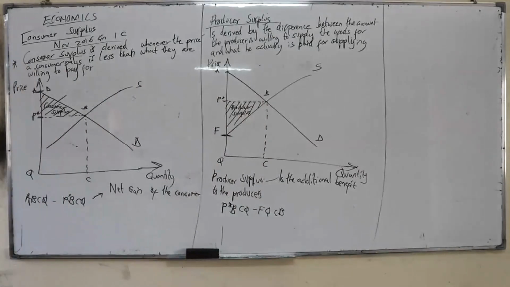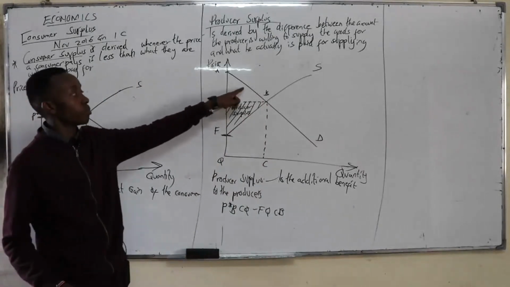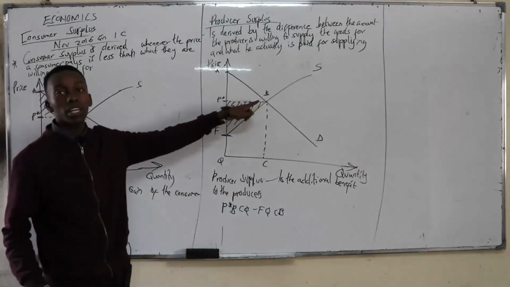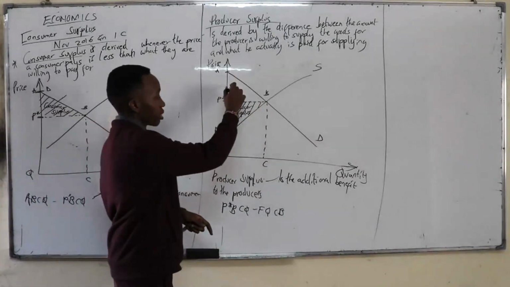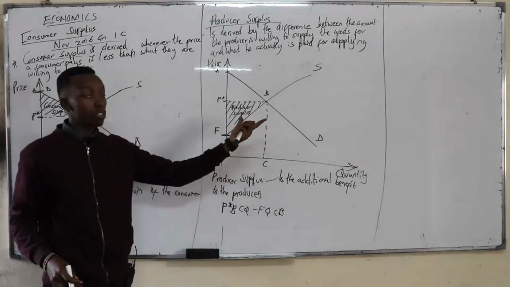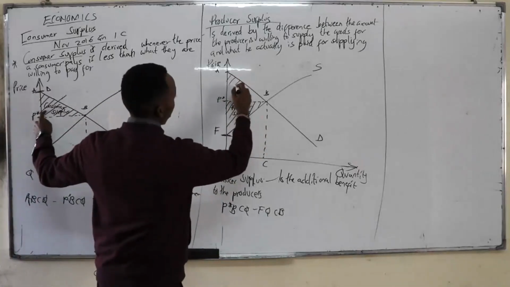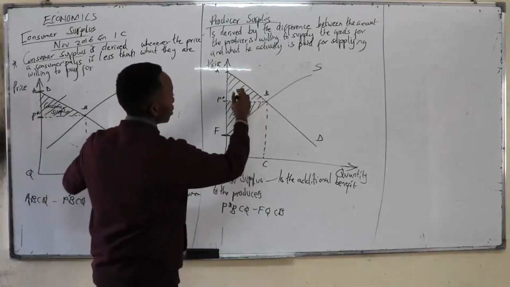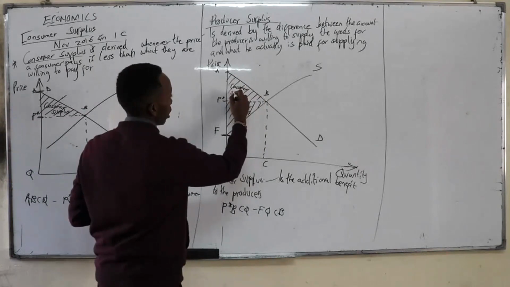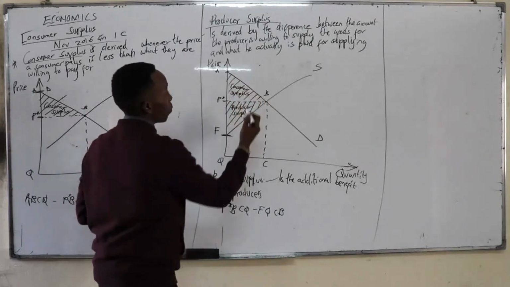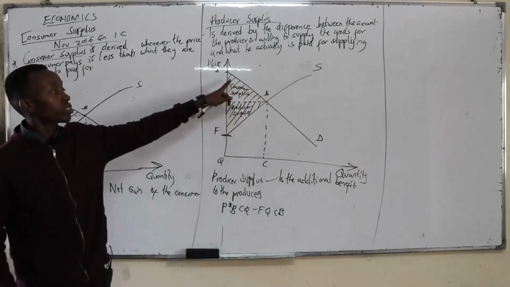Now, when you include these two together, so if you were to fill this place here, what that means is the total of consumer surplus and producer surplus. I hope you have this now with you. This entire area, the consumer surplus and the producer surplus, means that everyone is benefiting in the society.